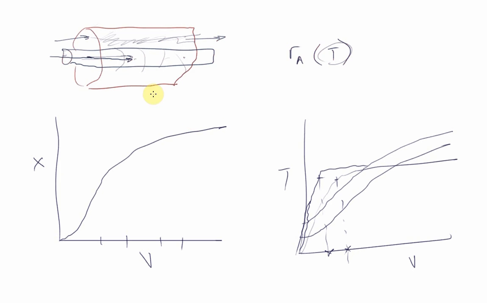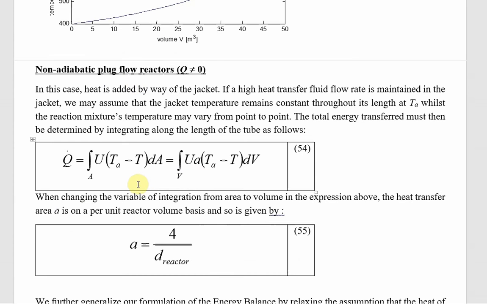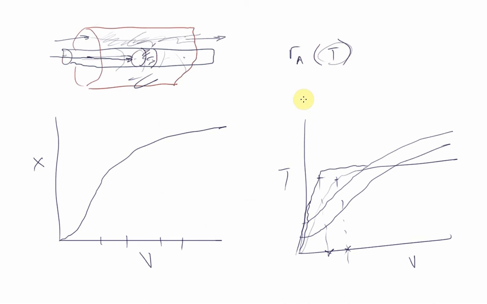So remember that the heat that's added is UA delta T, where A is the area of contact. So the contact area in this case is this interface between the fluid of this jacket and the reaction mixture. If we are integrating in terms of the volume of that reactor, remember we are writing all of this in terms of dX dV.